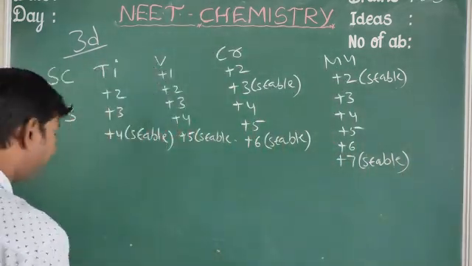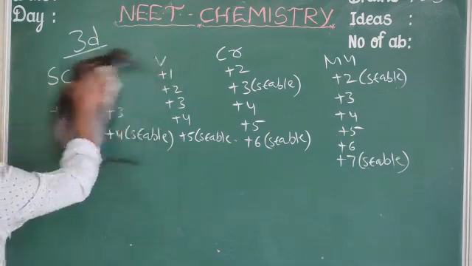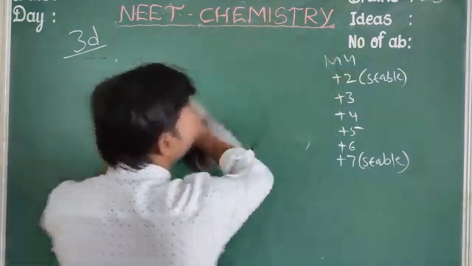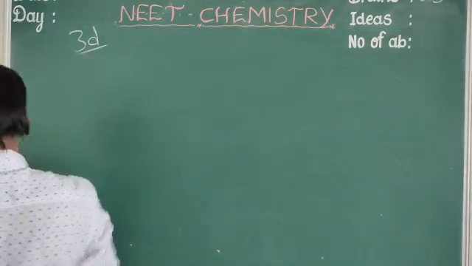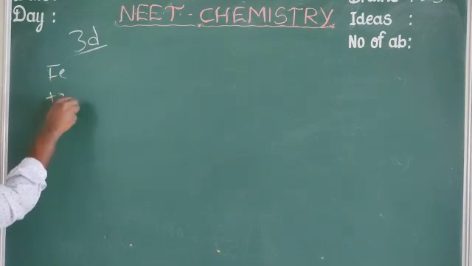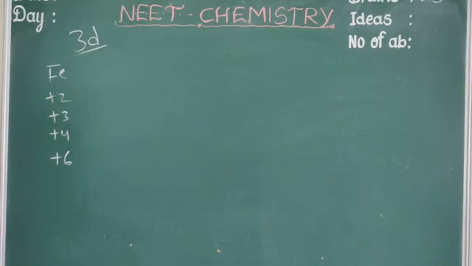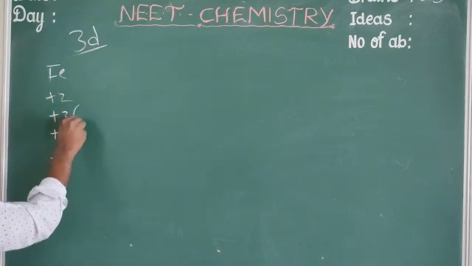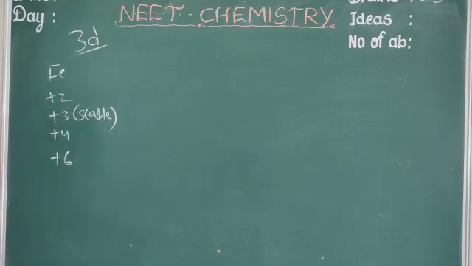Next, iron shows +2, +3, +4, +6; +3 is stable.